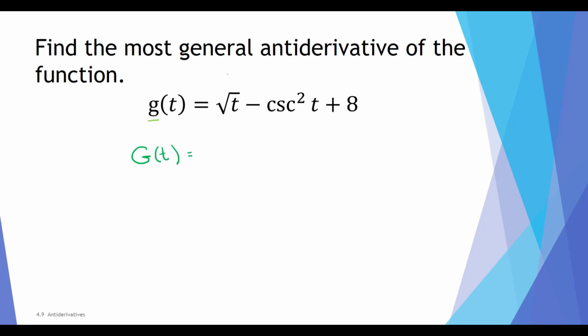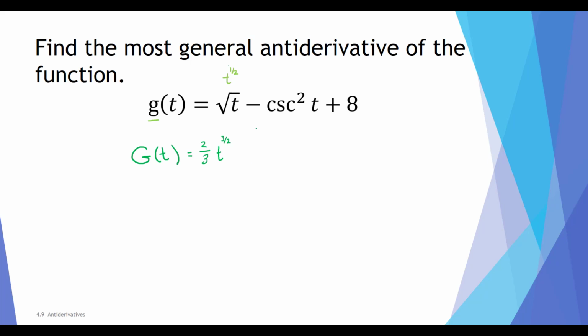Remember that the square root of t is the same as t to the 1/2 power. The power rule for antiderivatives says that I take my base t, I take the exponent 1/2 and add 1 to get 3/2, and then I divide by the new exponent. Dividing by 3/2 is the same as multiplying by 2/3.